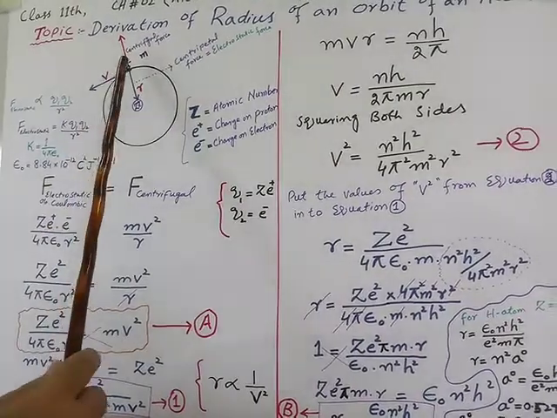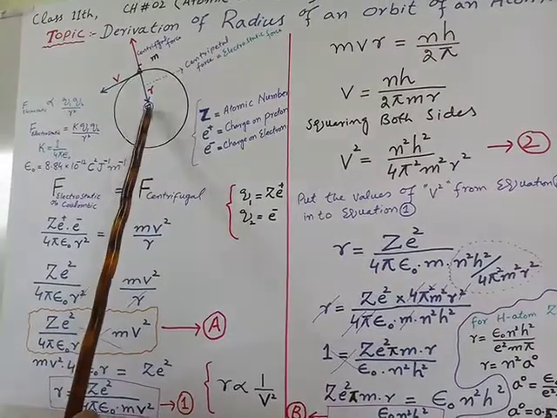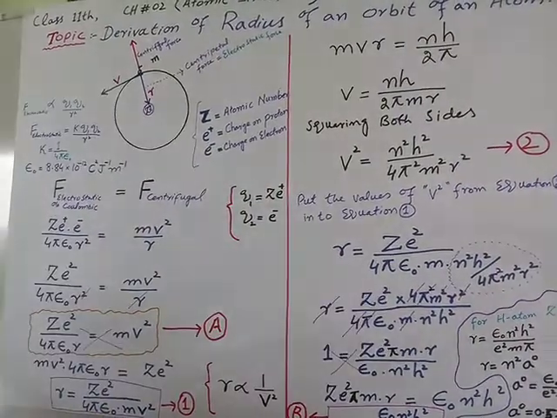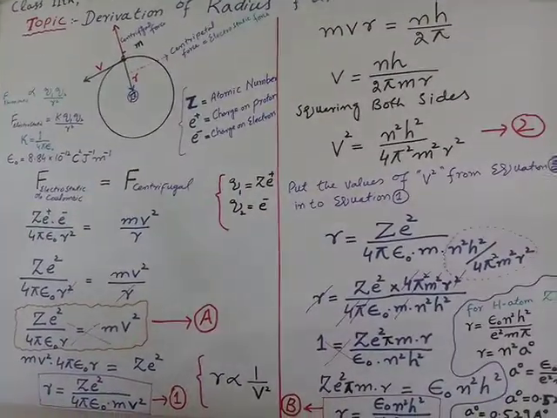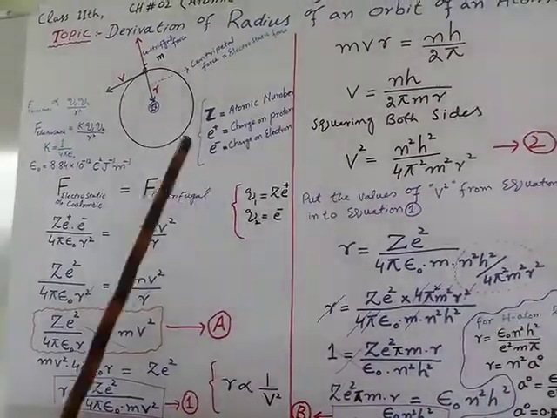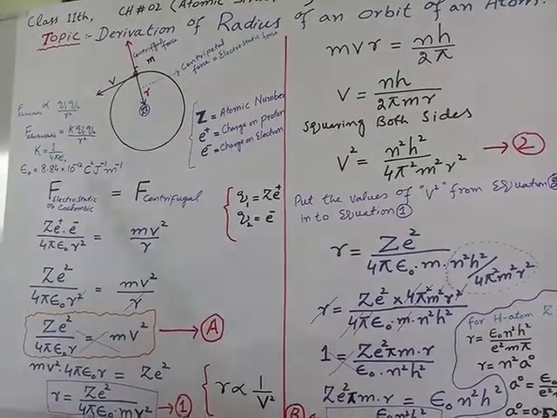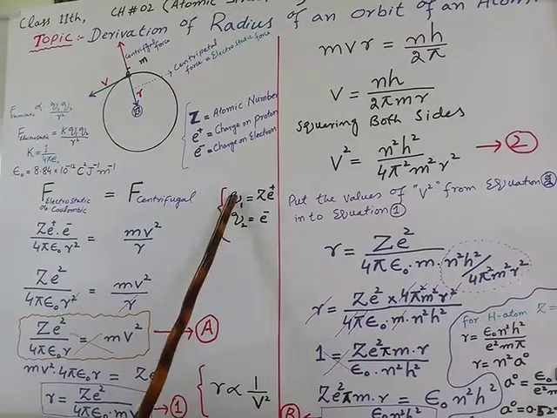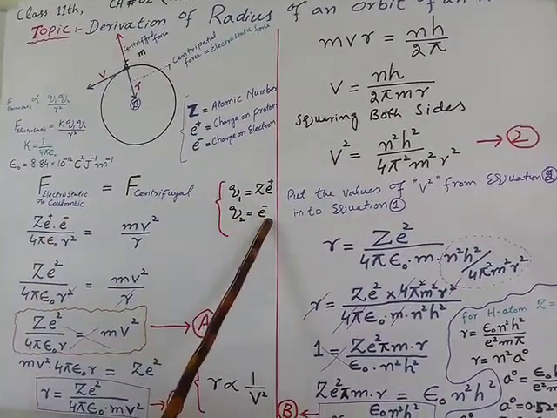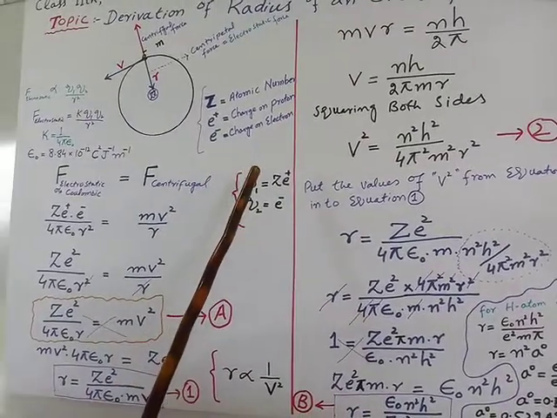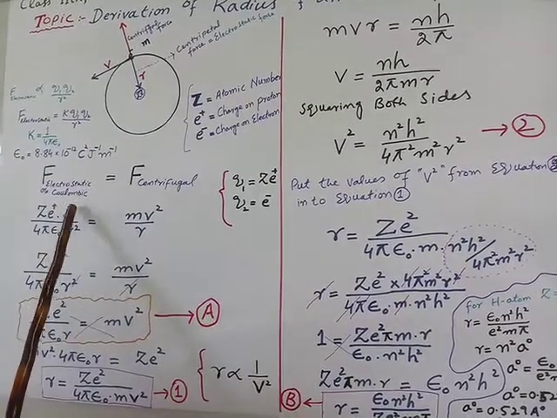So for an electron to revolve smoothly around the nucleus, the centripetal force must be equal to the centrifugal force. These two forces must be equal in magnitude but opposite in direction. Here Q1 is the charge on the nucleus and Q2 is the charge on the electron, so I am going to replace Q1 and Q2 by Ze plus and e minus.